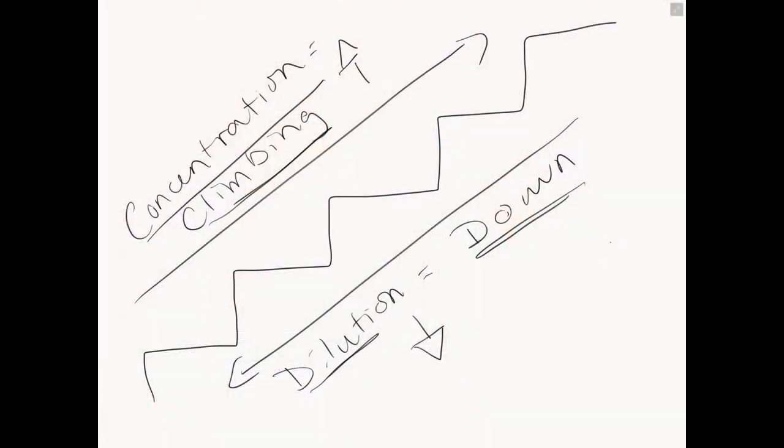So how does this apply to a disease process in a patient? If we go back to that staircase, concentrated equals climbing, diluted equals down, let's talk about some disease processes where we can apply this knowledge critically in order to demonstrate how this is so useful. Say, for example, you're taking care of an elderly patient who keeps putting on the call bell to go to the bathroom, go to the bathroom, go to the bathroom.